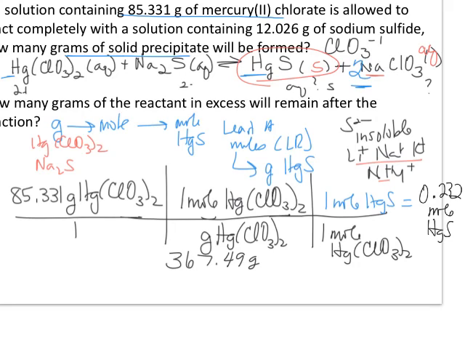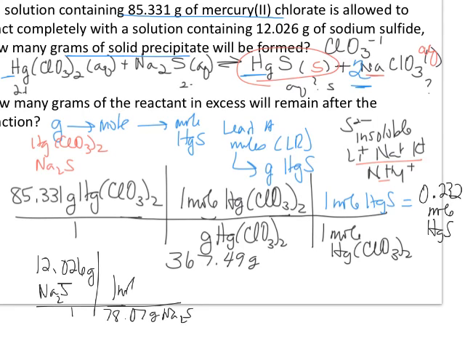Now we have to do the same thing with our other reactant. 12.026 grams of sodium sulfide over 1. Molar mass: 78.07 grams of sodium sulfide per 1 mole of sodium sulfide. We look at the coefficients for 1 mole of sodium sulfide. We have 1 mole of mercury sulfide.